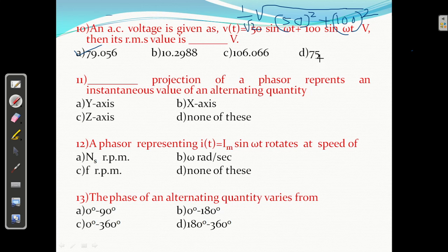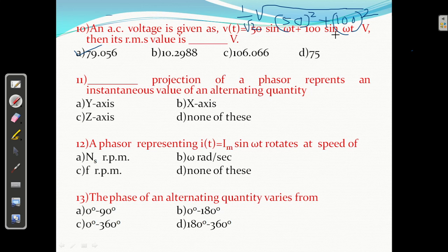Question number 10. 50 square, 50 into 50, 2500, just wait, 2500 plus 100 square equal to this, under root of this equal to 111 divided by root 2.